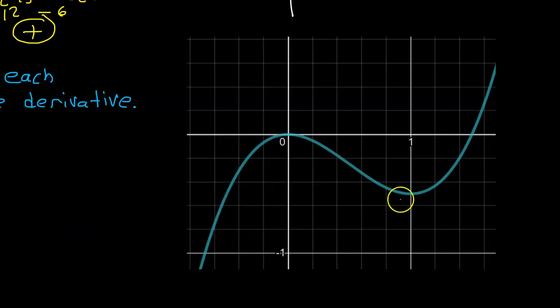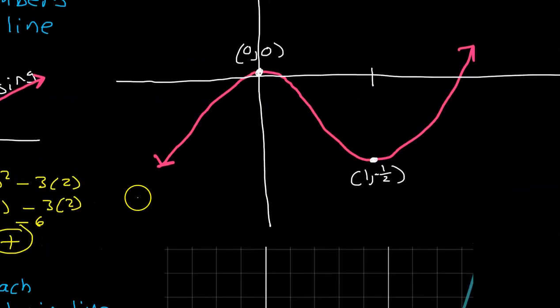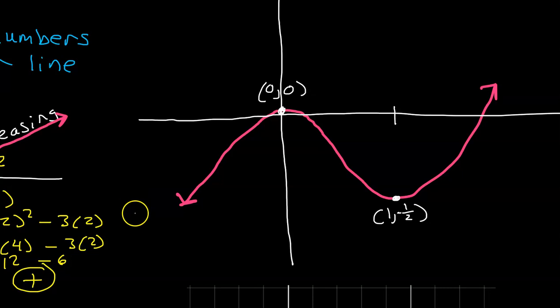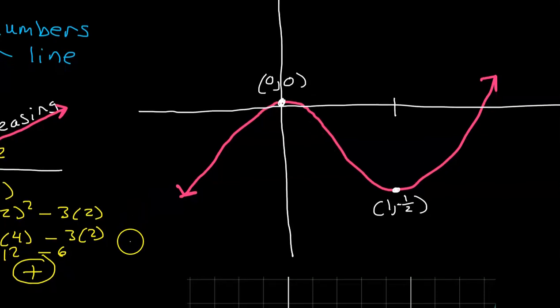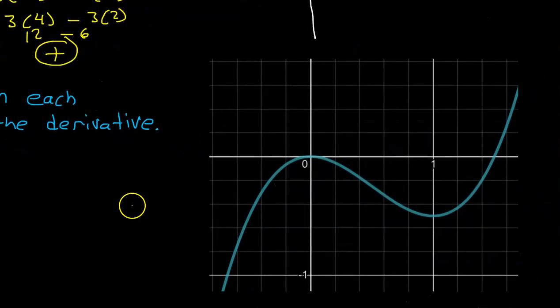So here's a glance at the actual graph right off of Desmos. And as you compare that to our rough sketch, we nailed it. So you can see how useful the first derivative test is going to be in helping us predict what the graph of a function will look like.